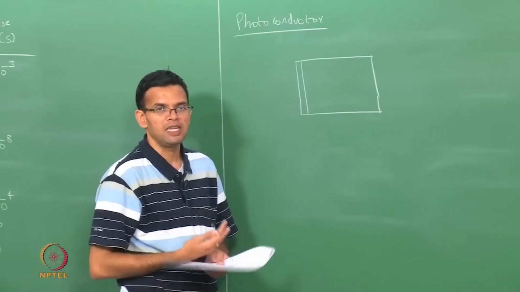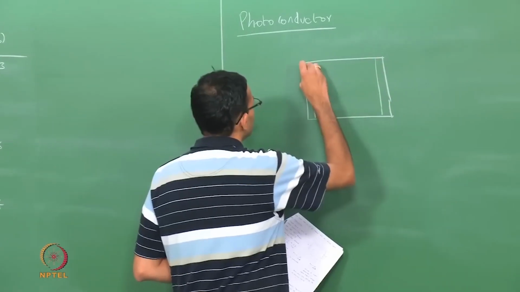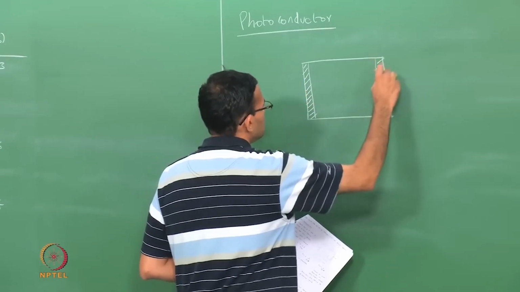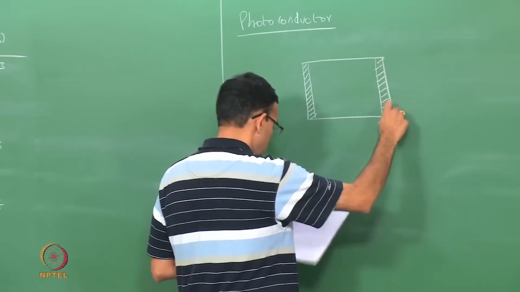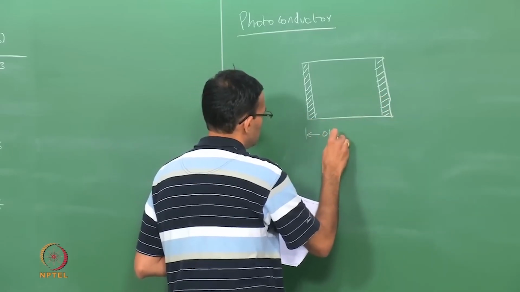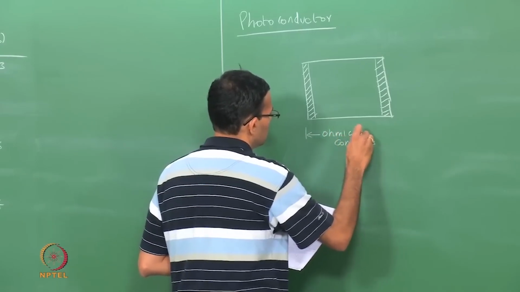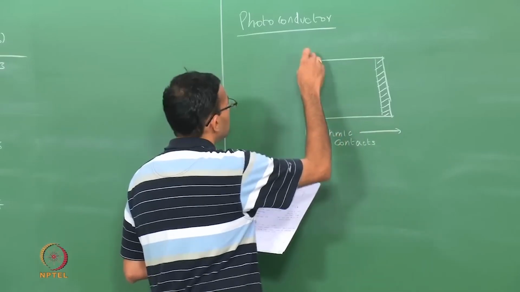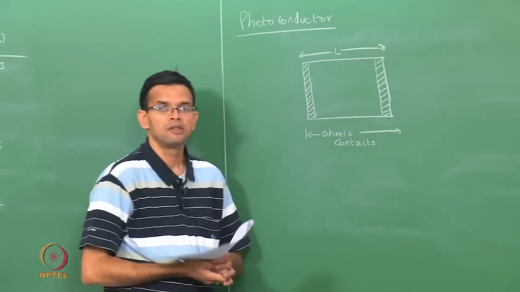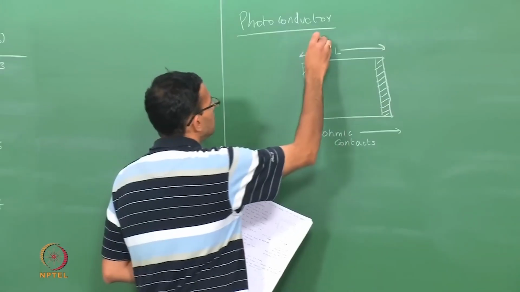We want to choose the materials in such a way that you have an ohmic contact. So, this is your central slab with two ohmic contacts. Let L be the length of your slab. We can have incident light fall onto your slab.